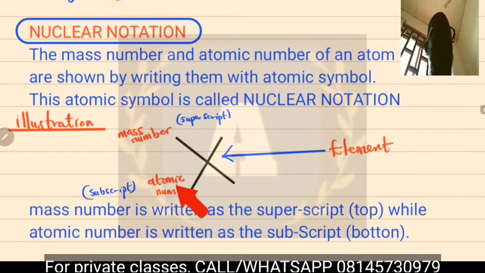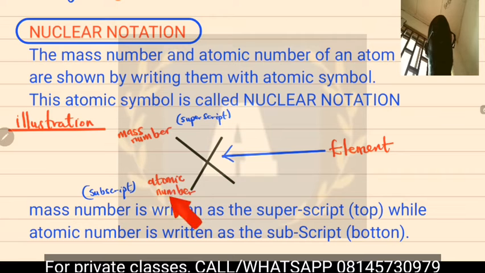So at the bottom left side here, that is where we write the atomic number. At the upper left part, you have the mass number. In science, the upper part we call the superscript, and the lower part we call the subscript.